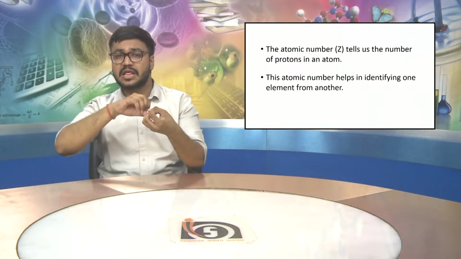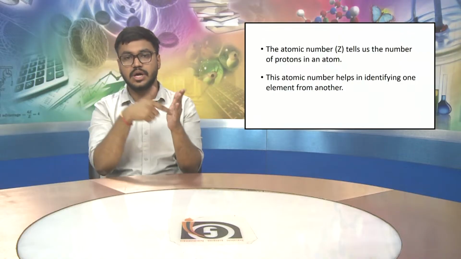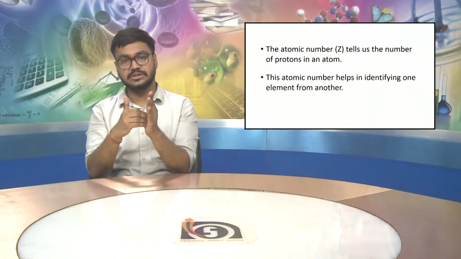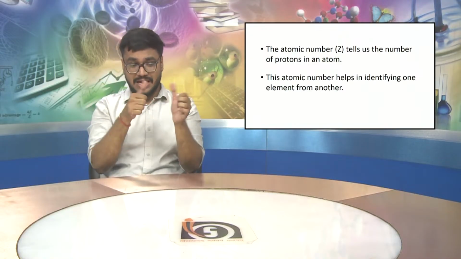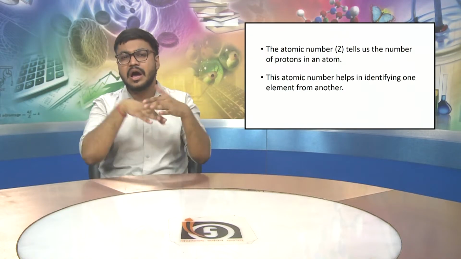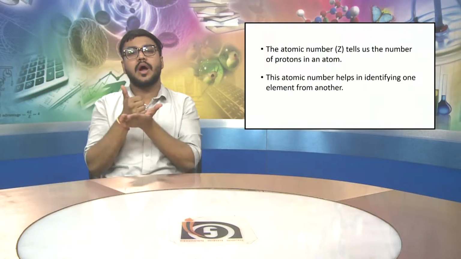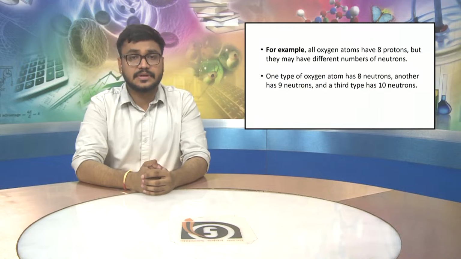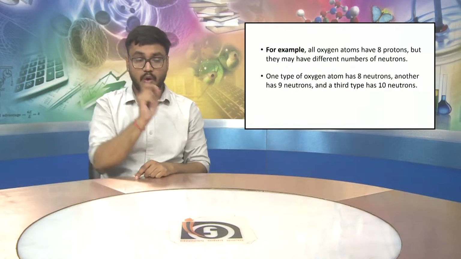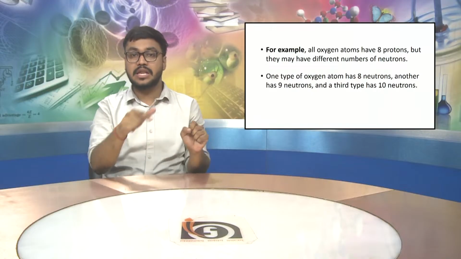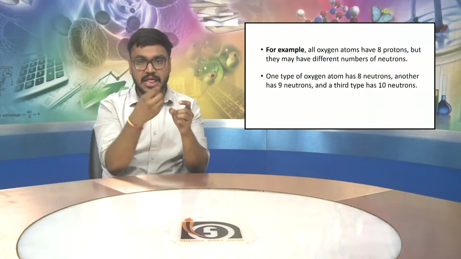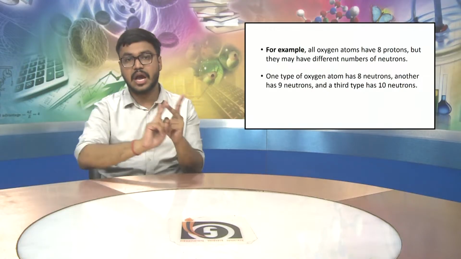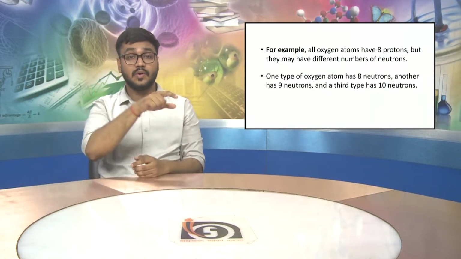The atomic number, which is denoted by Z, tells us the number of protons in an atom. And this atomic number helps in identifying one element from another. For example, all oxygen atoms have 8 protons, but they may have different numbers of neutrons.